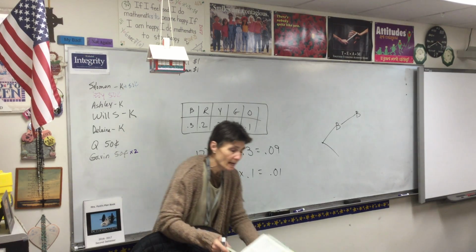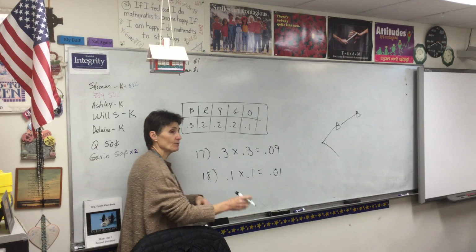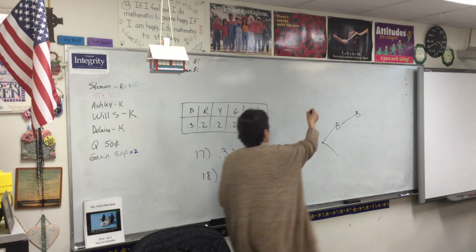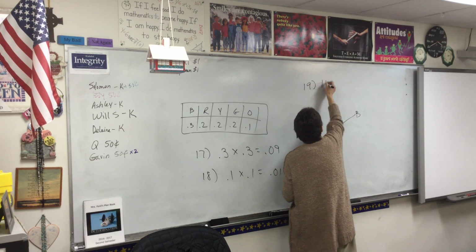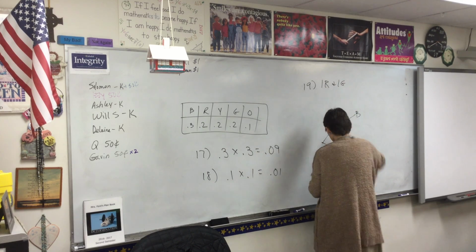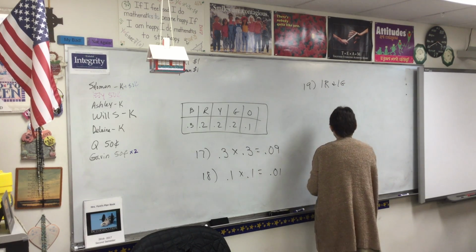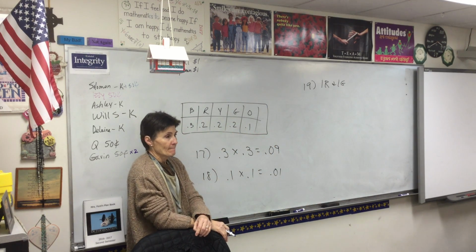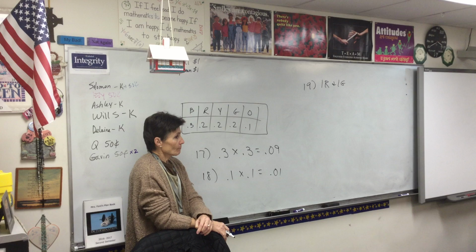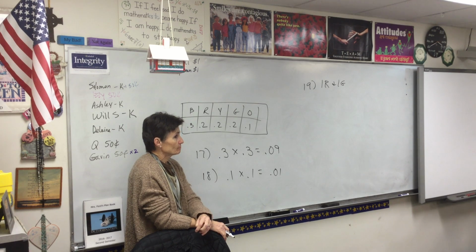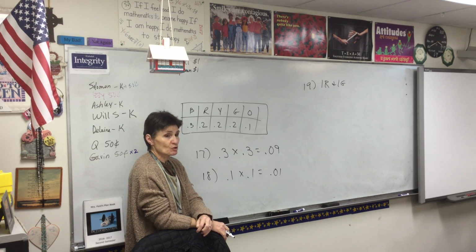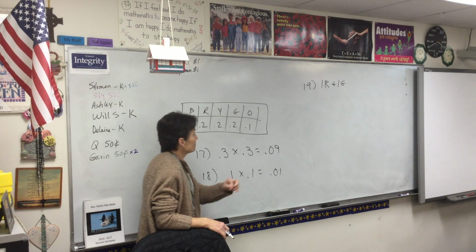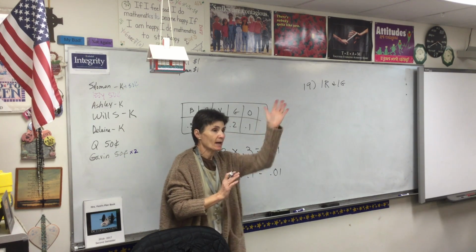One is red and the other is green. So one red and one green. What do you think? This one's tricky, because one red, think of your tree diagram.